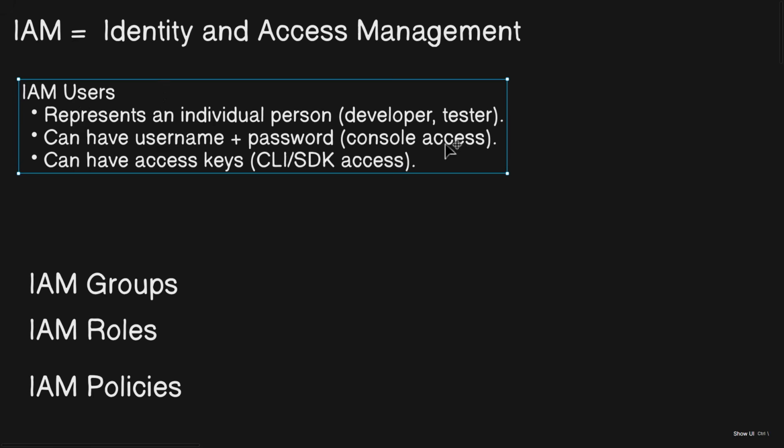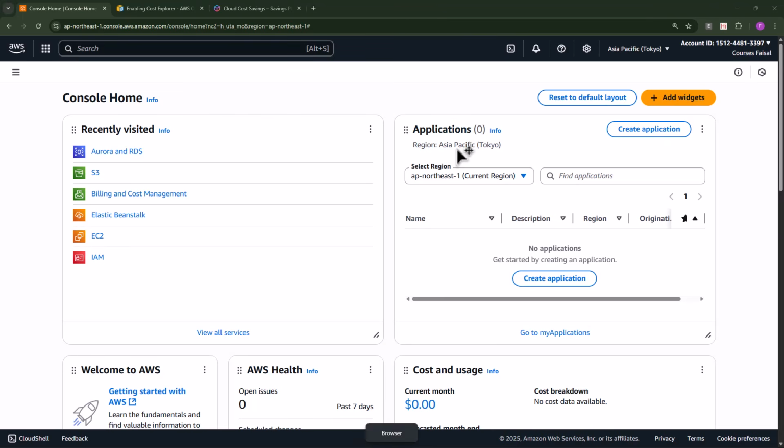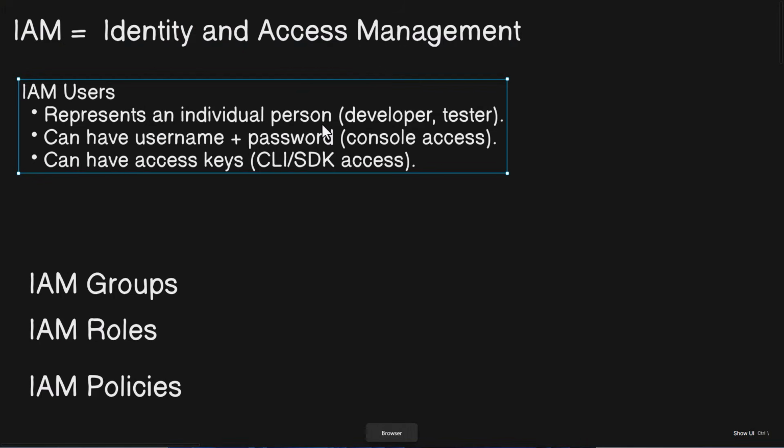Okay, so an IAM user can have a username and password, and they can even have console access. What I mean by console access is the dashboard access, which is this access over here. IAM users can have console access as well, and they can have access keys as well. Now, what are access keys? Access keys are secret keys using which a developer can access AWS resources using the command line.